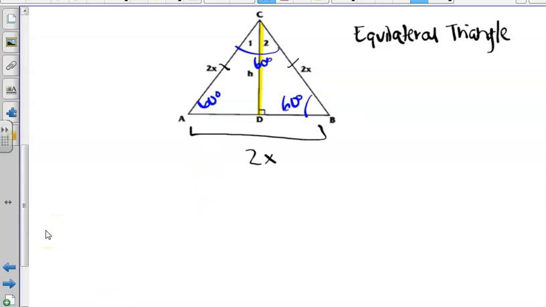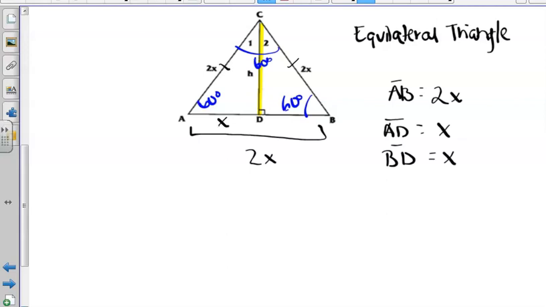So let's fill in any missing information that we know. If the line segment AB has a length of 2x, I know then that the length of AD and the length of BD should be x, because the altitude is going to bisect or split the base into two equal parts.